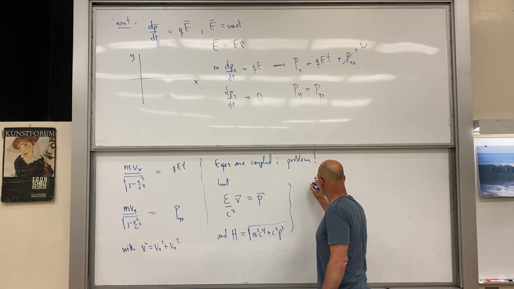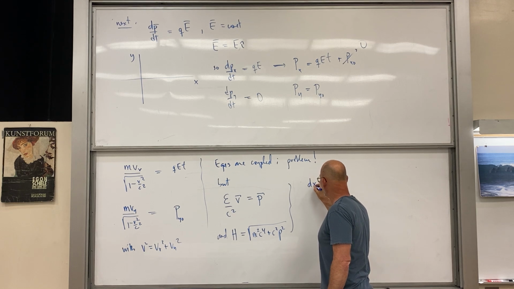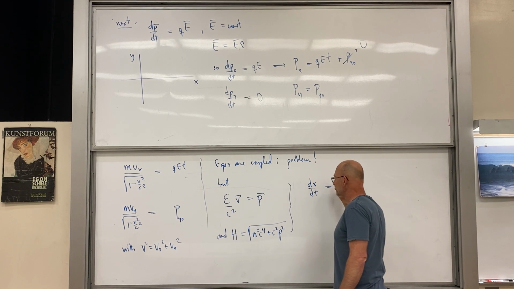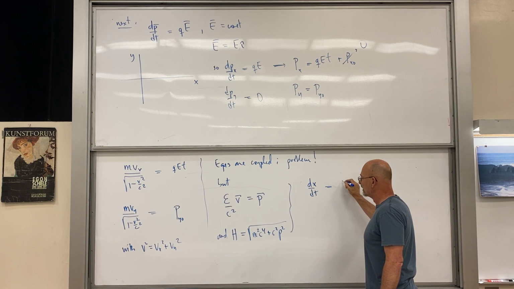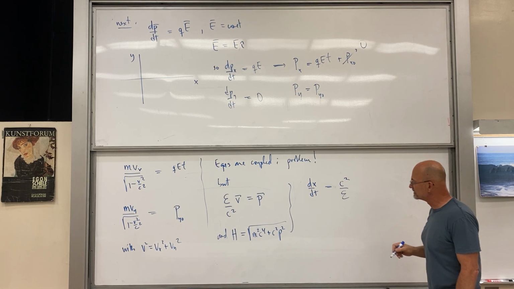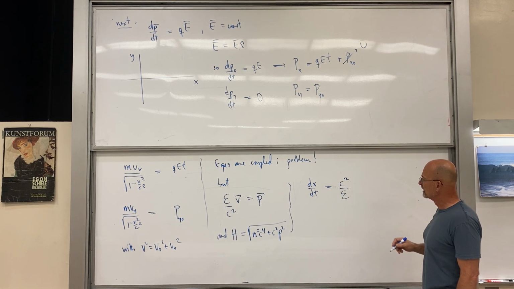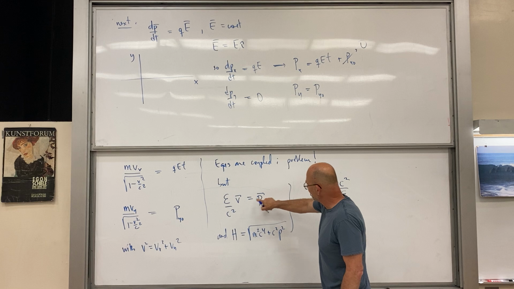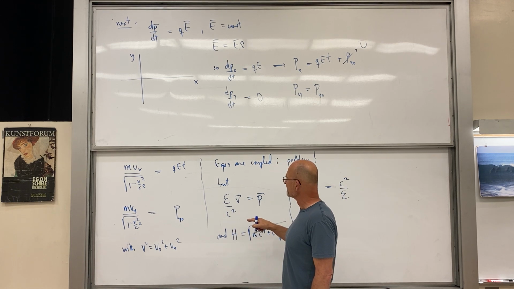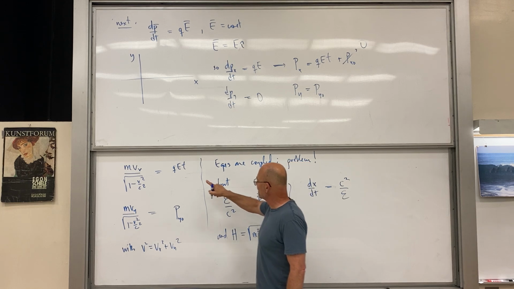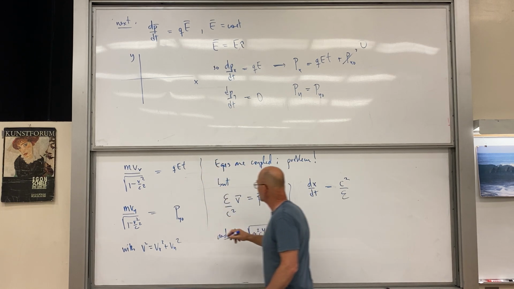So what we're going to do is evaluate this. For v_x, we have dx/dt is equal to c squared over energy times p_x, and p_x is this, qEt.